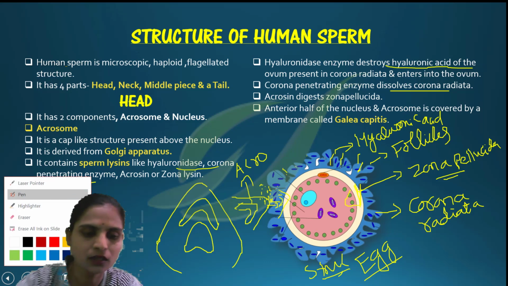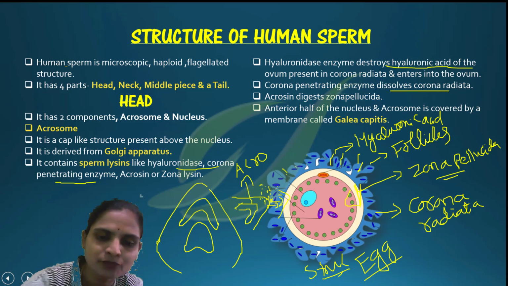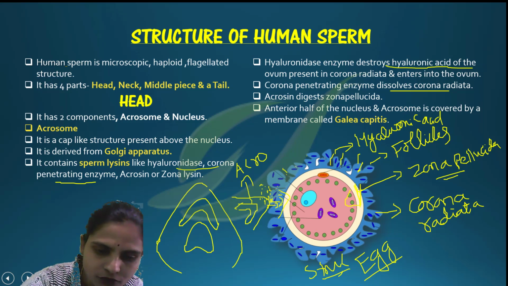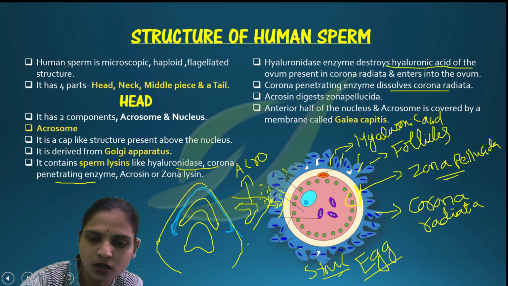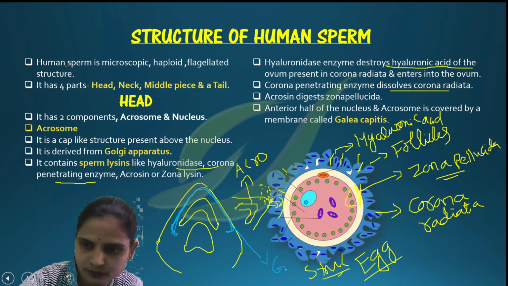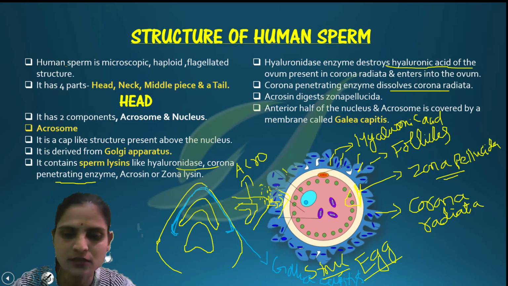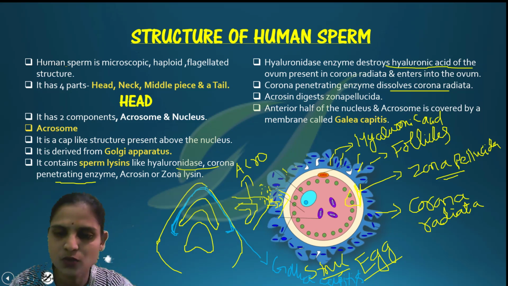The important thing to remember here is that the anterior half of the nucleus and the acrosome are protected by a membrane called the galea capitis. The part which covers half of the nucleus and the acrosome is called the galea capitis.